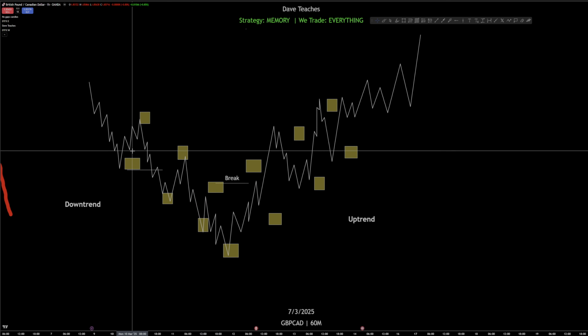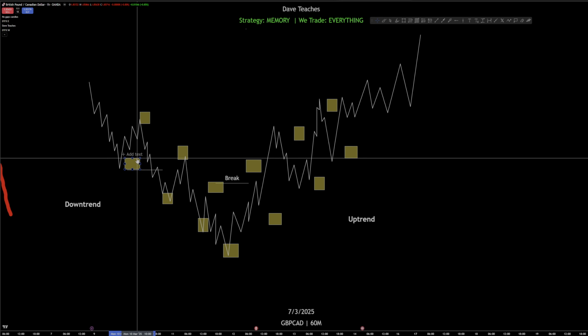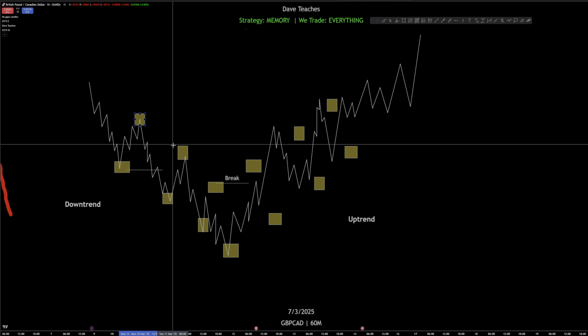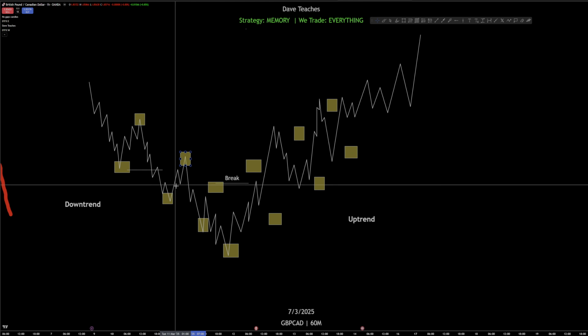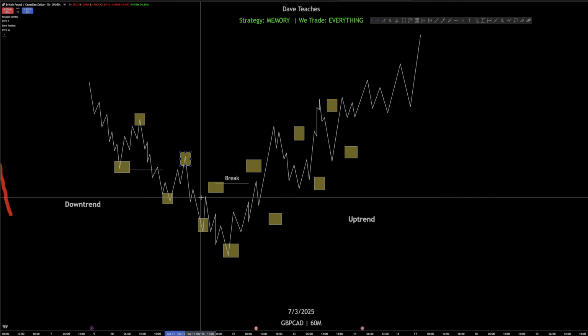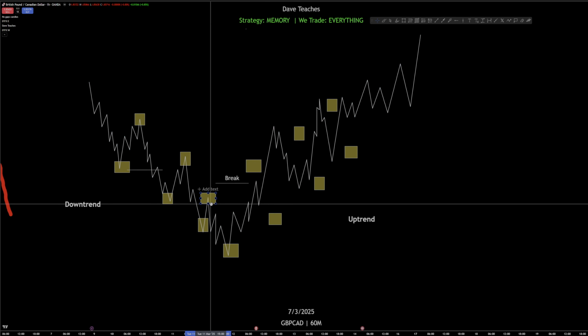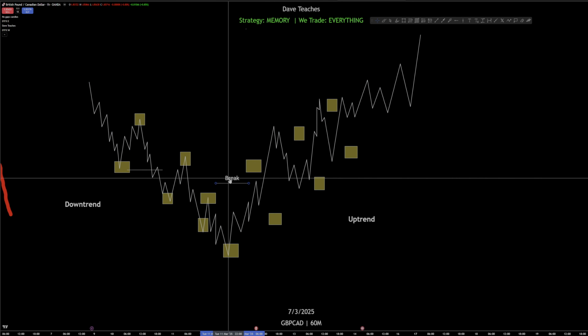Now we end up finding ourselves confused with which high and which low is actually the pullback, right? And this is where you hear people talk about internal highs and lows, external highs and lows, right?